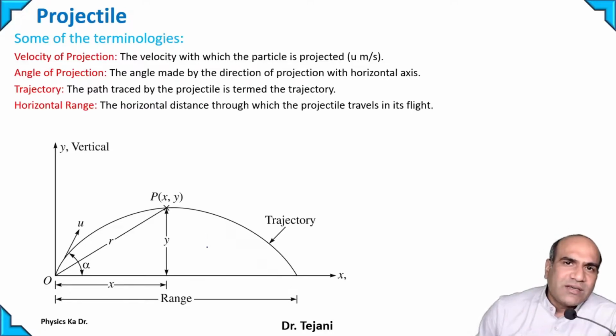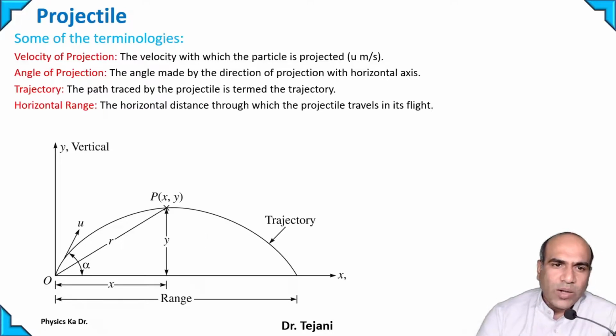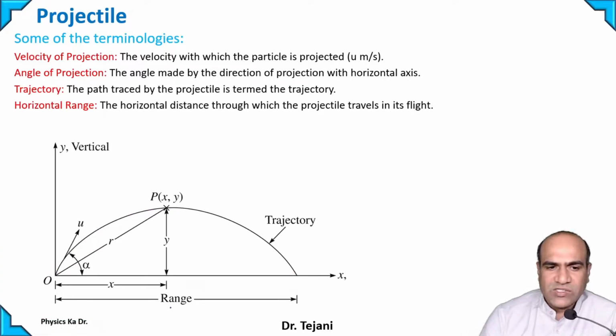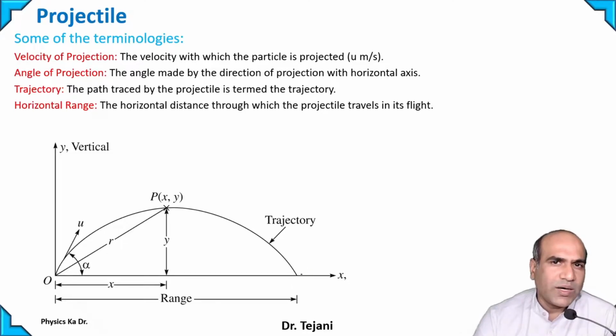Then horizontal range, that means the horizontal distance through which the projectile travels during its flight. The object is thrown from this point O, it is in the air, and here it is resting. So the horizontal distance travelled is called range. It is not the total travel, but the horizontal distance.